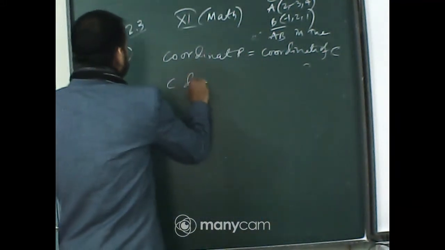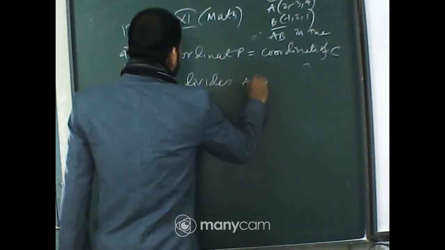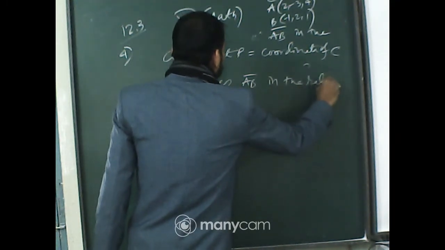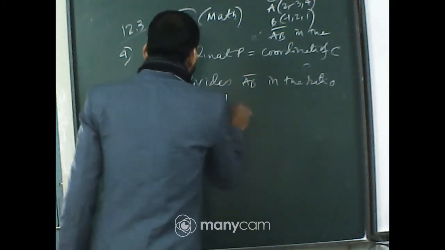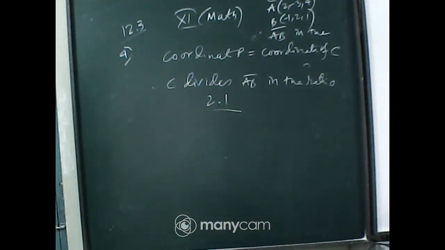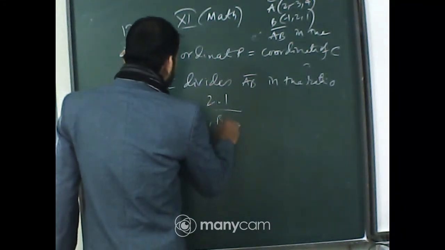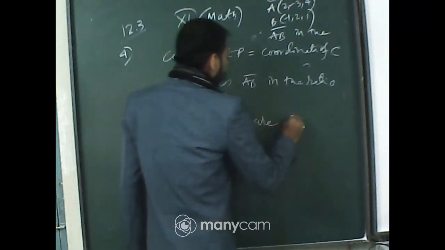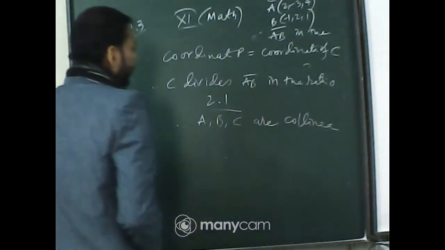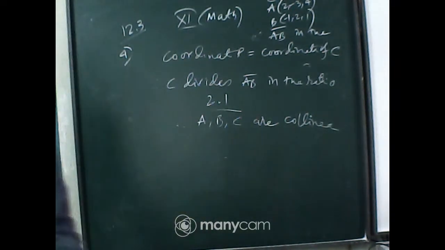Therefore C divides the line segment AB in the ratio 2:1. Therefore, we may write that A, B, C are collinear, lies on the same line.